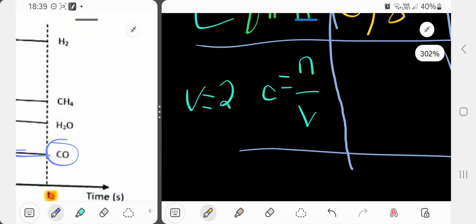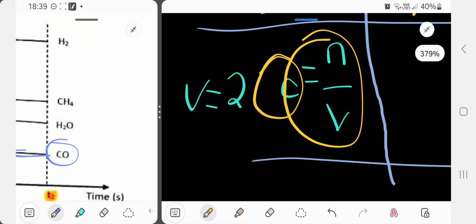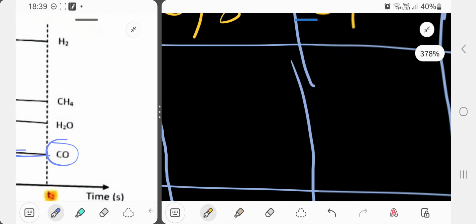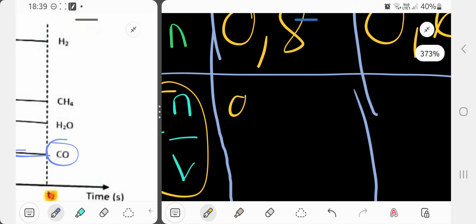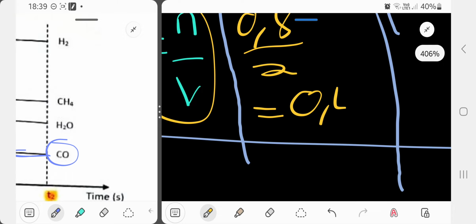But remember, we need the concentration at equilibrium in order for us to calculate the Kc value that they're looking for. So what we should understand at this moment is that we have a volume of 2, and we know that concentration is the number of moles over the volume. So obviously here we're going to have 0.8 over 2. That is our concentration, and definitely we'll get 0.4 here.